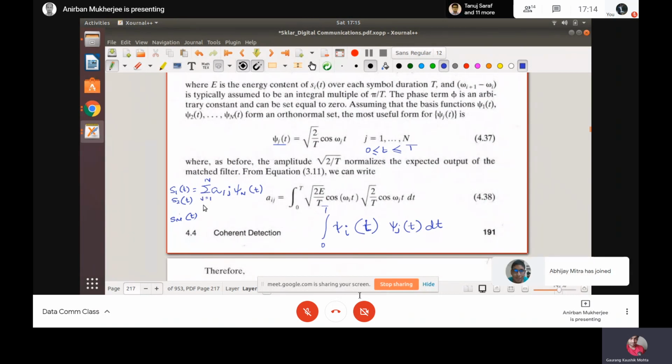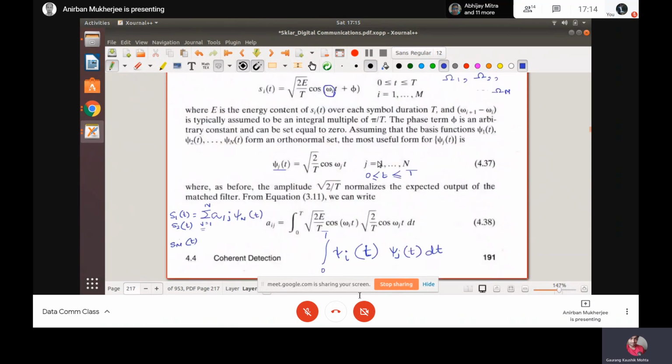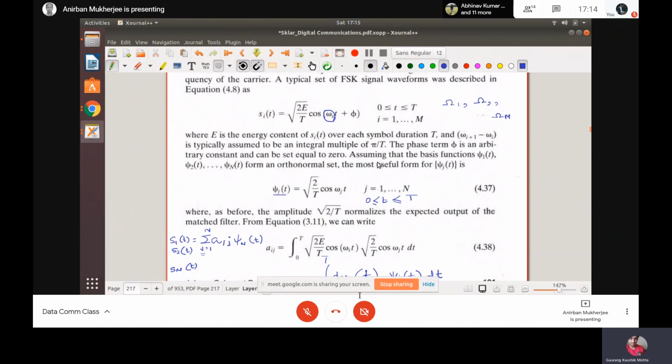Clearly S2 t, and finally we have S m t. So i equal to 1 to m, this is S1, S2, Sm, and there are n number of basis functions.